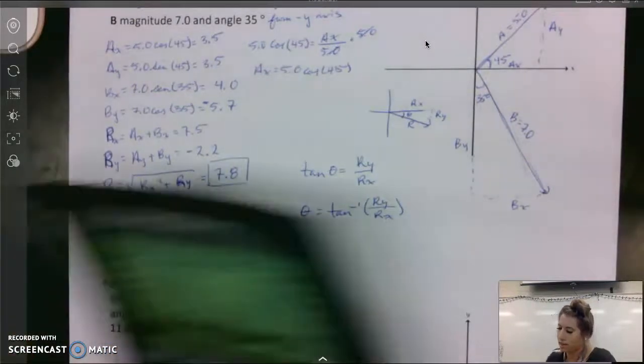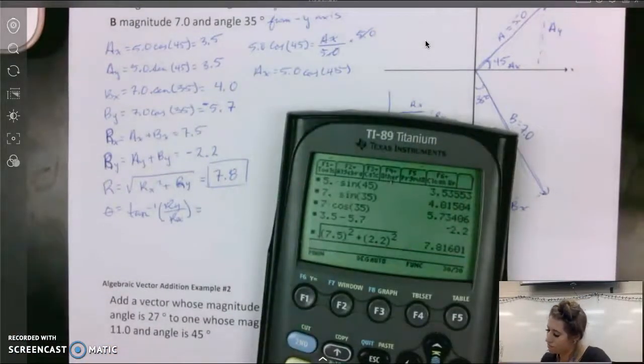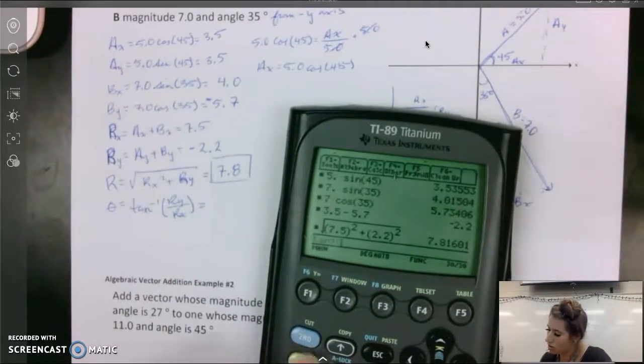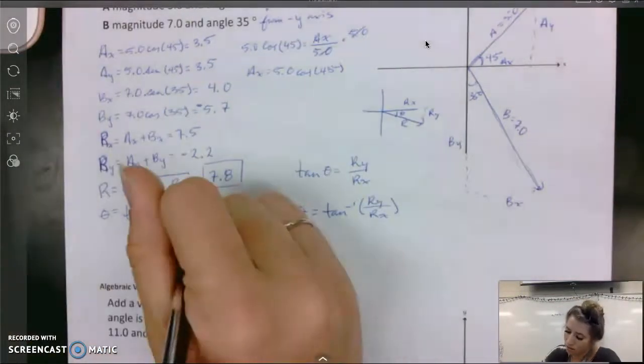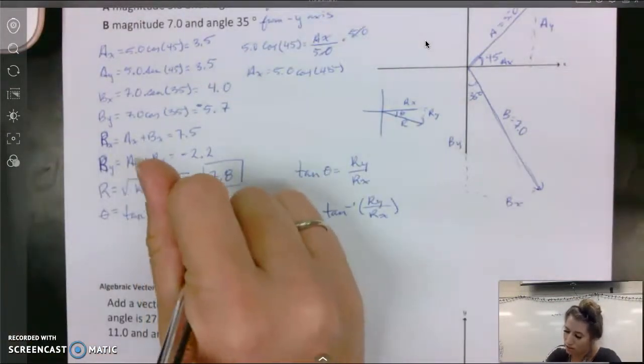So we're going to plug that in. We take tan inverse of r sub y, and again, this is a magnitude, so I'm just going to take 2.2 divided by r sub x, which is 7.5. And we get 16 degrees.